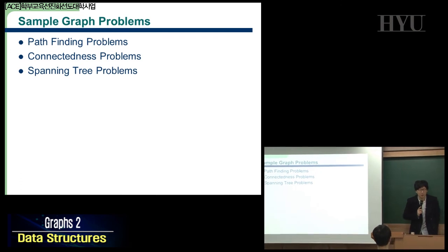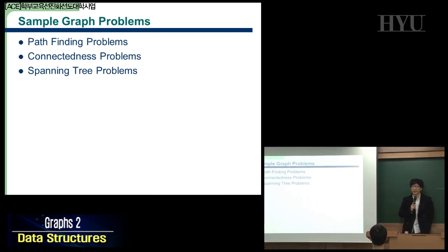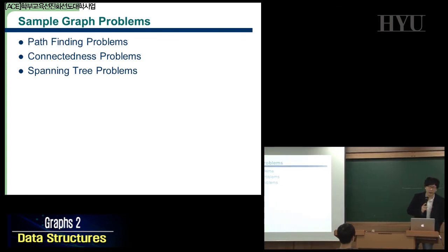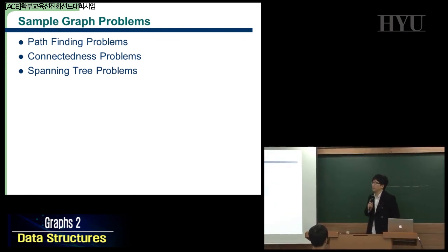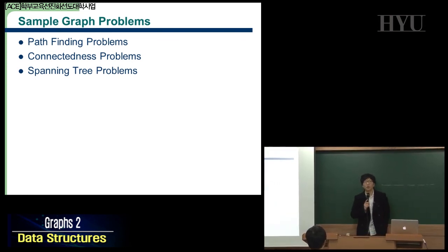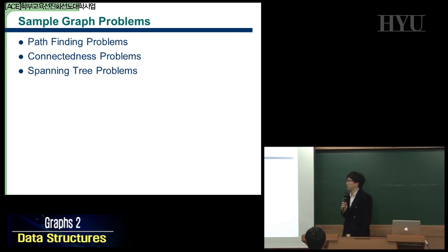Like the examples that we saw from binary search trees, all the things that we try to do is look for a node with a certain value in it. If we find the value, we can add it, we can delete it, and all kinds of operations are done on top of it. While finding that particular node, you have to go through a certain path in the binary search tree. So those two problems are related.